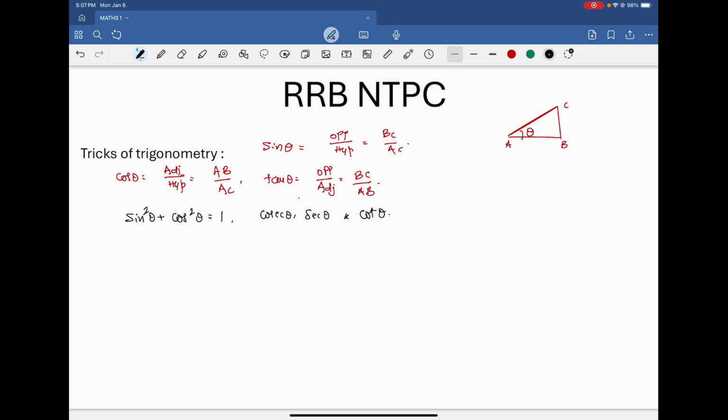Now, whenever theta is less than 90 degrees, these are all defined as positives.